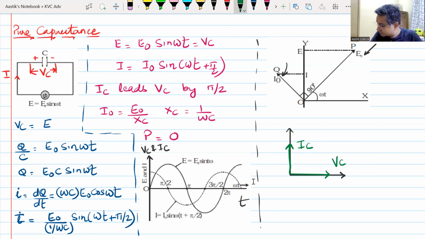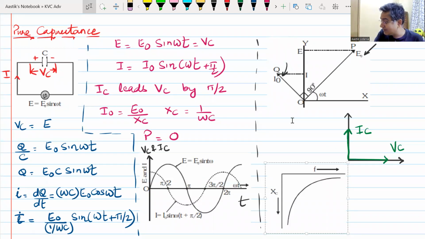One more thing. If I would have drawn the graph of XC with frequency, as you can see, when frequency is very less, XC is very high, yes or no?